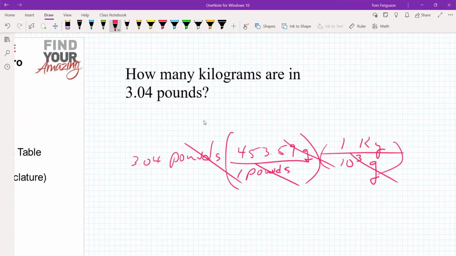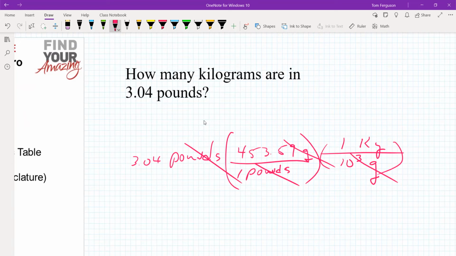Okay. And then when you think you're done, I want you to look at the problem. Are all the units canceled except what you're trying to calculate? If not, your setup is wrong. No exceptions. So your units have to cancel.